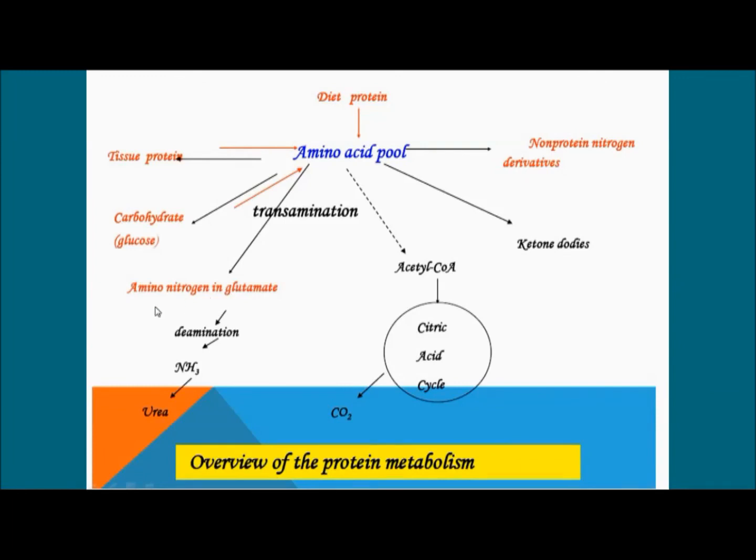And sometimes transamination takes place where the amino nitrogen in glutamate leads to deamination, and finally it comes out of the body as urea. Acetyl coenzyme A will also enter the citric acid cycle and come out as carbon dioxide. This is the overview of protein metabolism, which we are going to discuss in part 2 and part 3 of this amino acid metabolism.